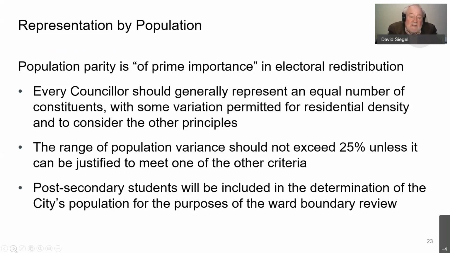And post-secondary students, which are an important part of the population at Guelph, are included in the population of the city for the purposes of calculating these ward boundaries. So that's the first principle, representation by population.